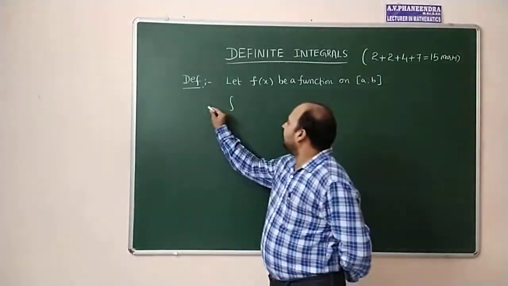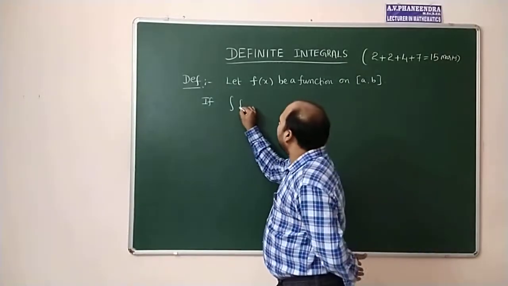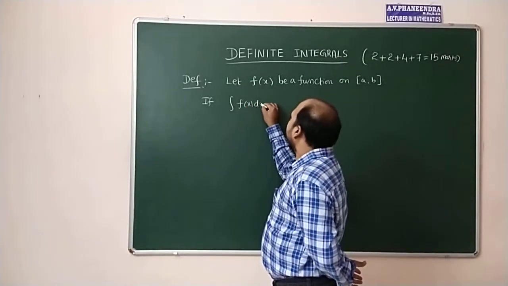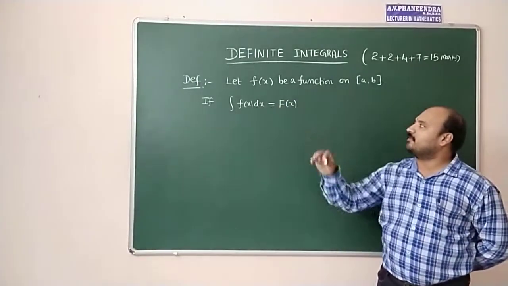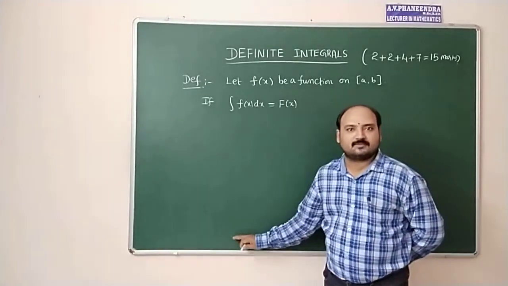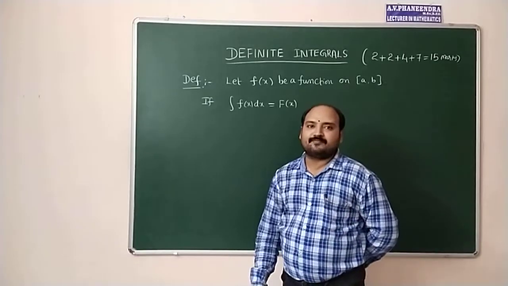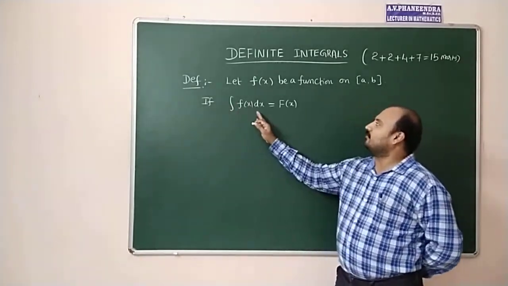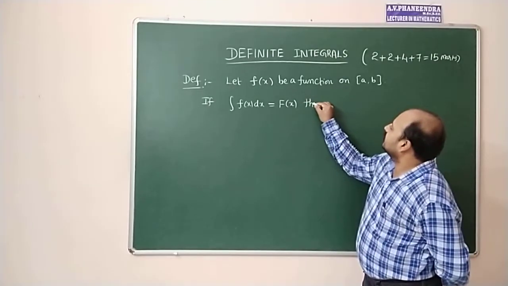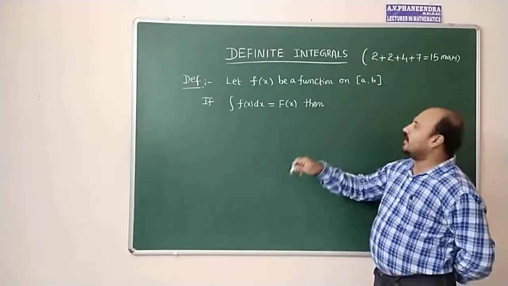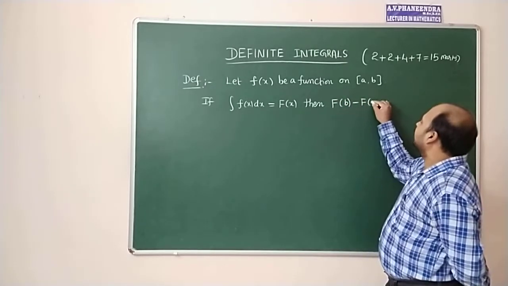In indefinite integration we learned that if integral f of x dx is equal to capital F of x, where capital F dash of x is equal to small f of x, then regarding this interval we write capital F of b minus capital F of a.